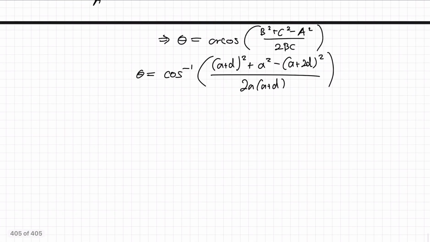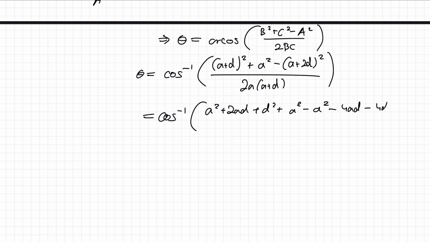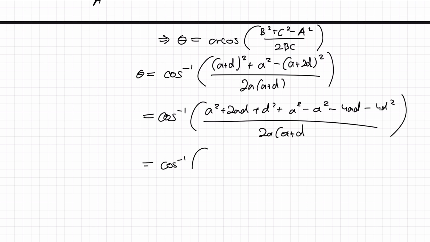Now let's try and simplify this formula a little bit and see what we can deduce. So I'm going to expand all these terms. Minus this. And we'll just leave the denominator as it is because we're trying to cancel things down.